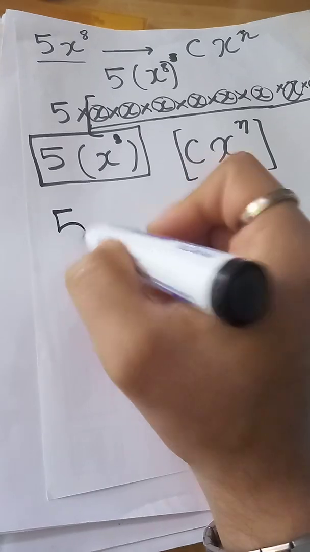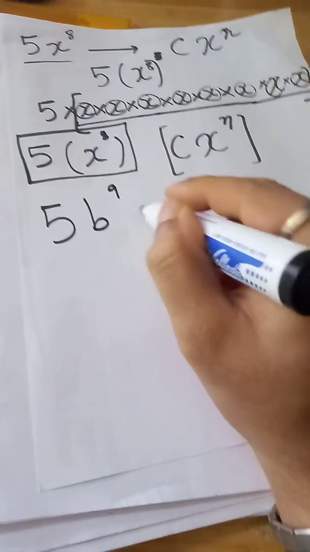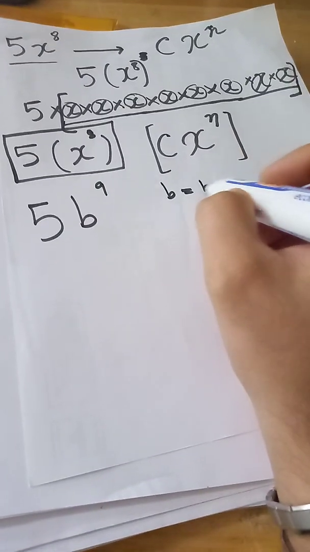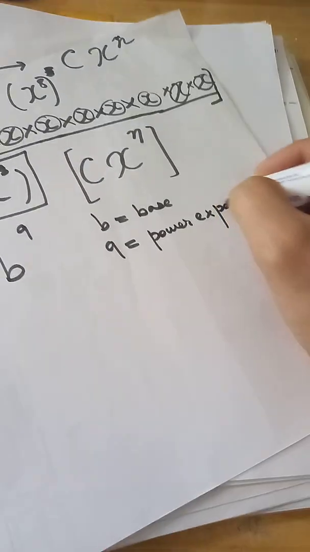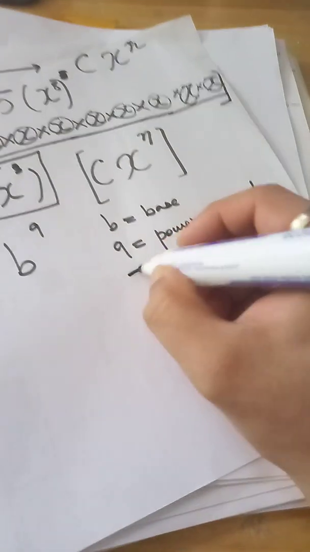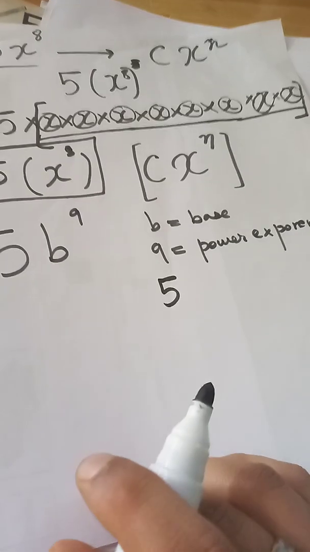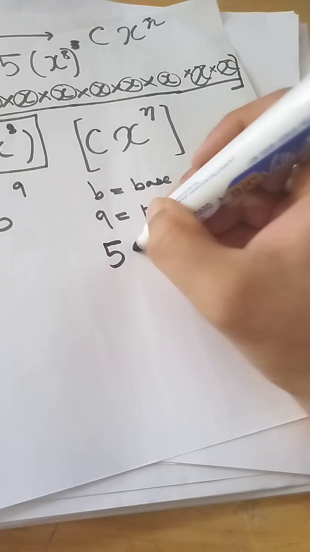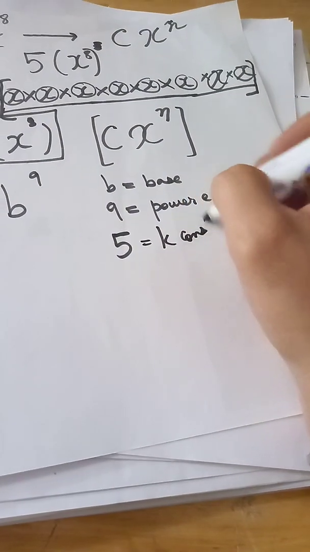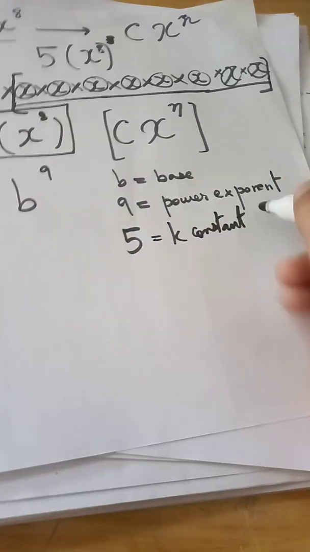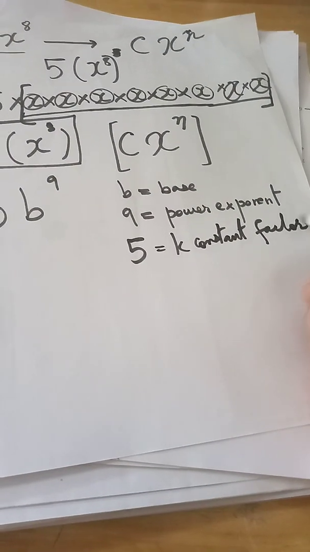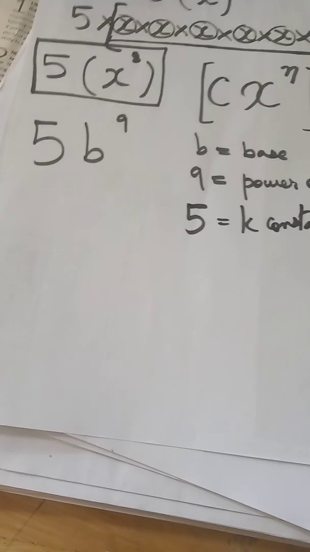So in this case, 5b to the power 9: b is the base, 9 is the power or exponent, and 5 is the constant factor, k. So that's pretty much it, to be honest.